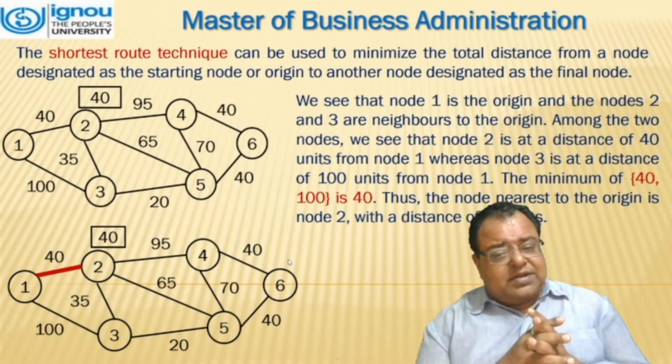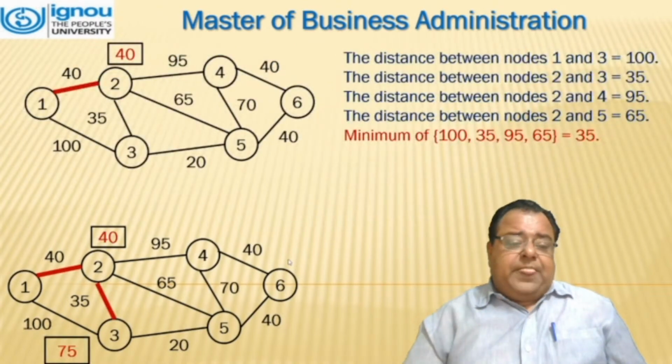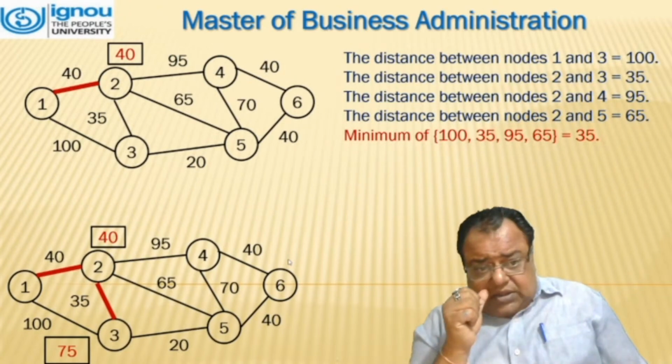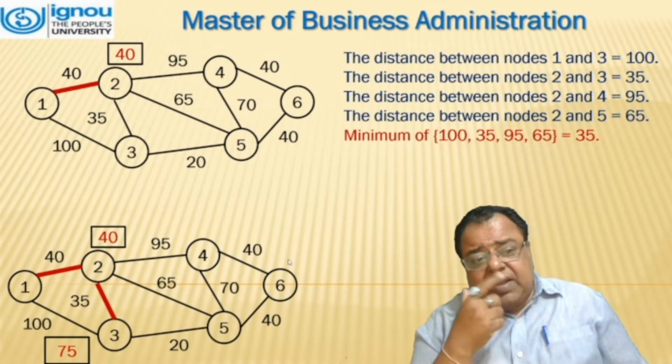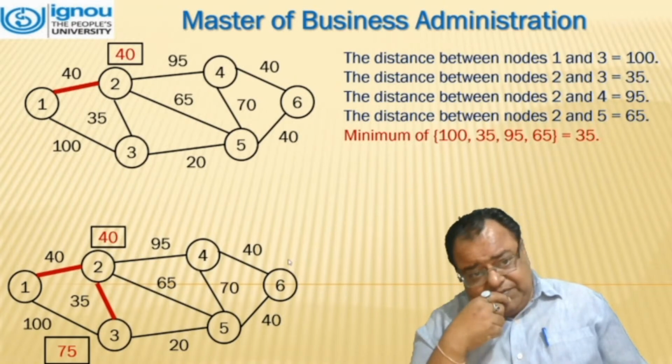That means our movement will be from 1 to 2, and it has been marked red over there. Moving further, from 2, we can see on the diagram there are three events occurring: 2 to 3, 2 to 4, and 2 to 5.